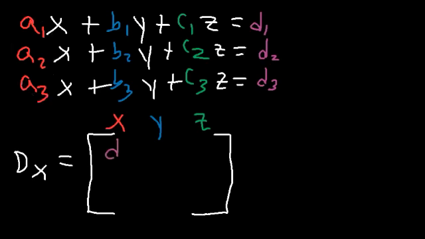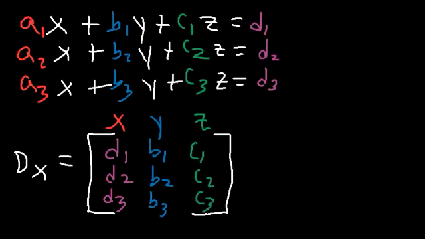So it's going to look like this: d1, d2, d3, and then b1, b2, b3, and then after that, c1, c2, c3. So that's how you can set up the 3x3 matrix for dx. Now what about for dy?